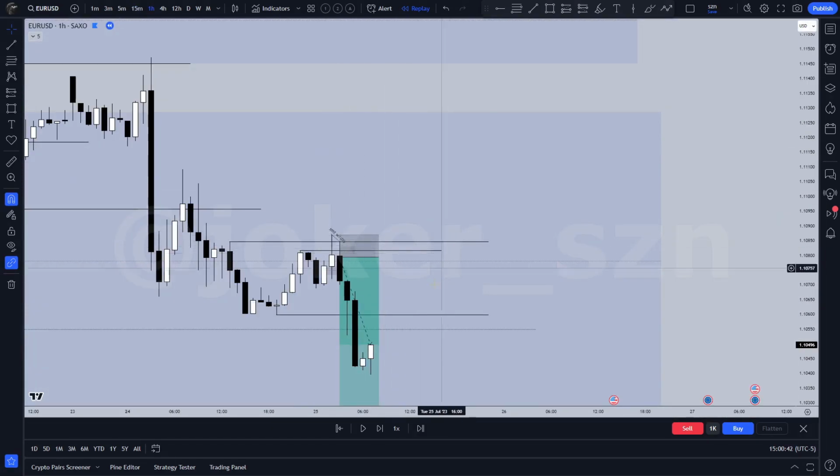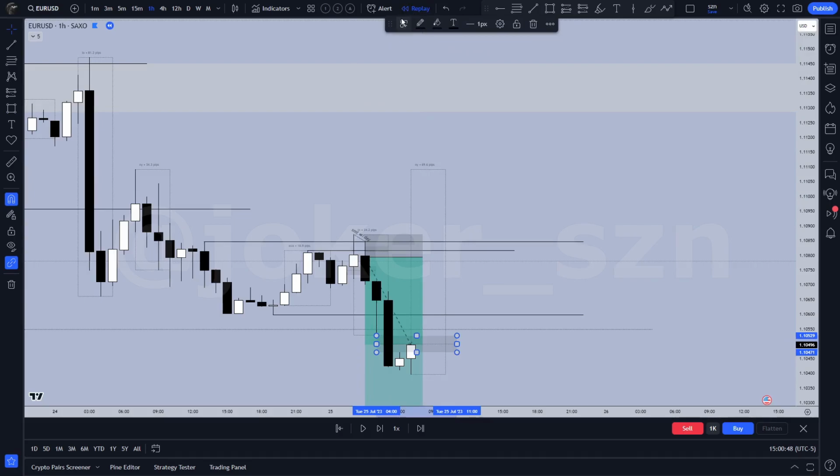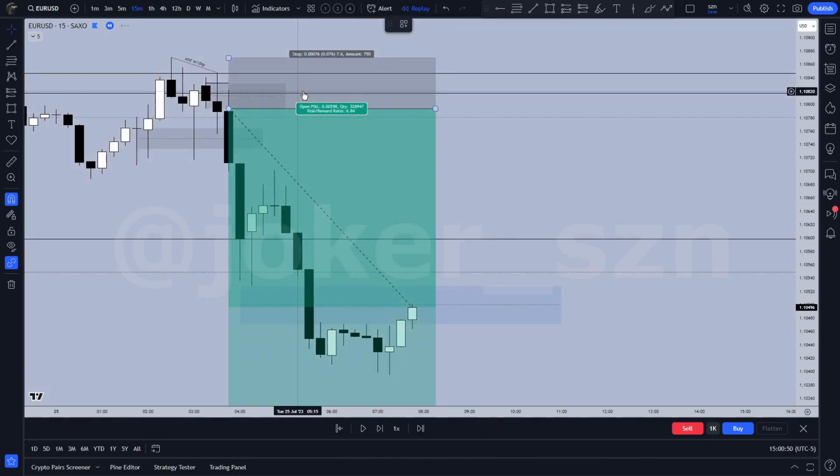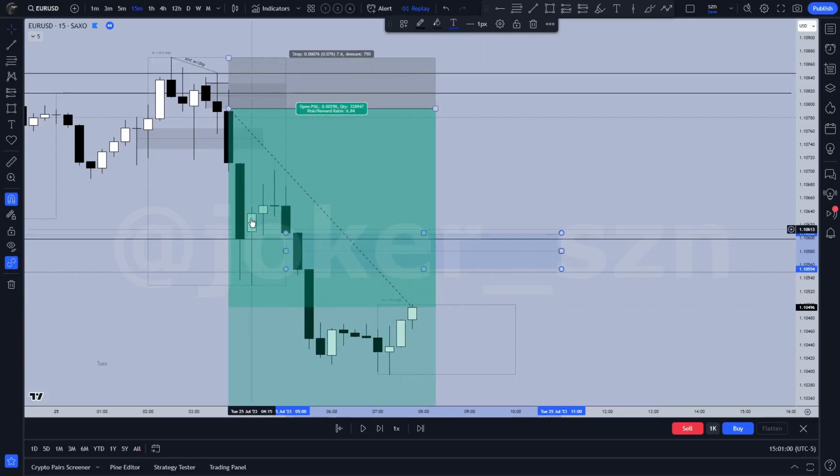If we check the H1, we also have created now an H1 fair value gap here, and we also have on the M15 a fair value gap here above as well. So this would be my preferred POI to look for continuation, because it's also aligning with this order block here, right?